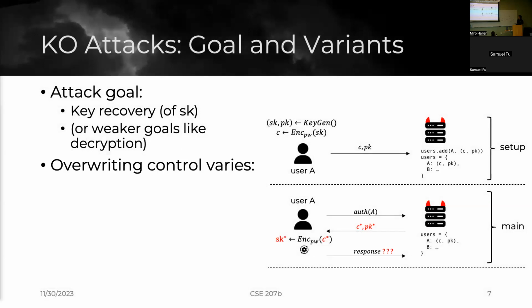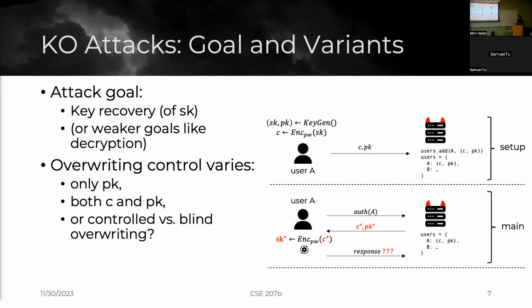Right, a very good question. One of the ways in which the scenario differs in different cases is maybe the server can only override the public key, or they can override both the encrypted secret key and the public key. And sometimes the server can control what values will be the result of the overwriting.